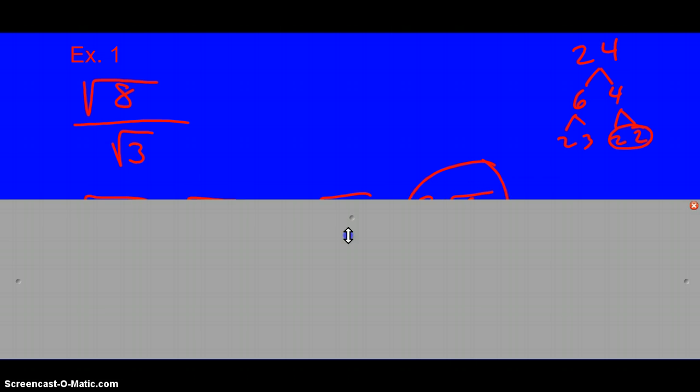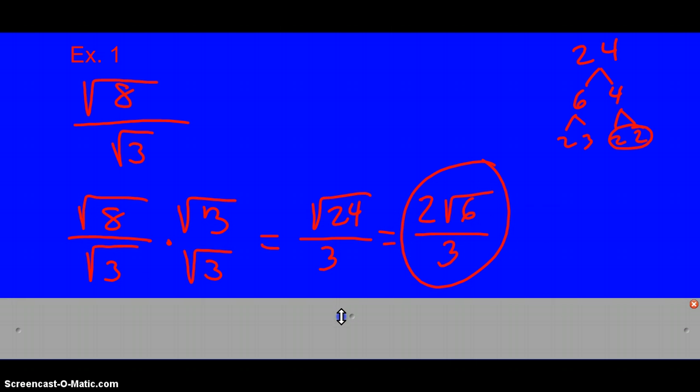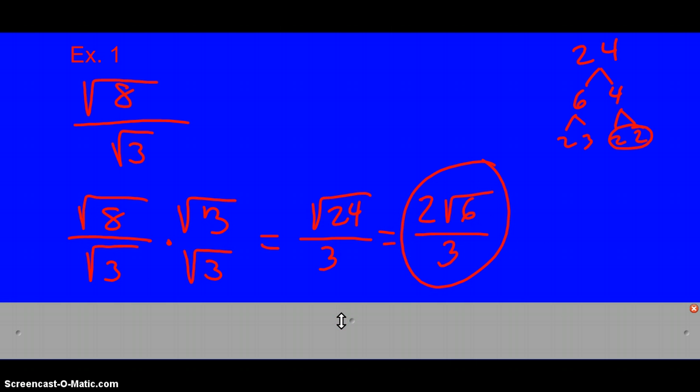And now, because we have some understanding of fractions and the concept that I can multiply the bottom of a fraction and the top of the fraction by the same number without changing the value, because I'm multiplying by 1, I'm multiplying the bottom by radical 3 and the top by radical 3. That gives me on top the square root of 24, and on bottom I'm left with just the number 3. That's the whole purpose here, to get that bottom to be a whole number.